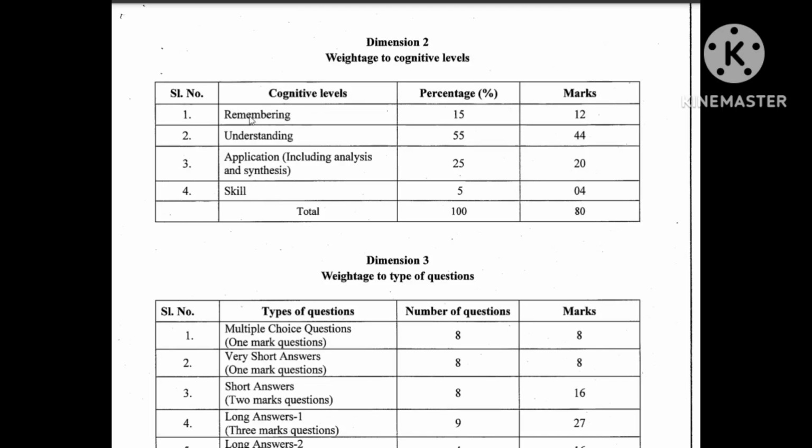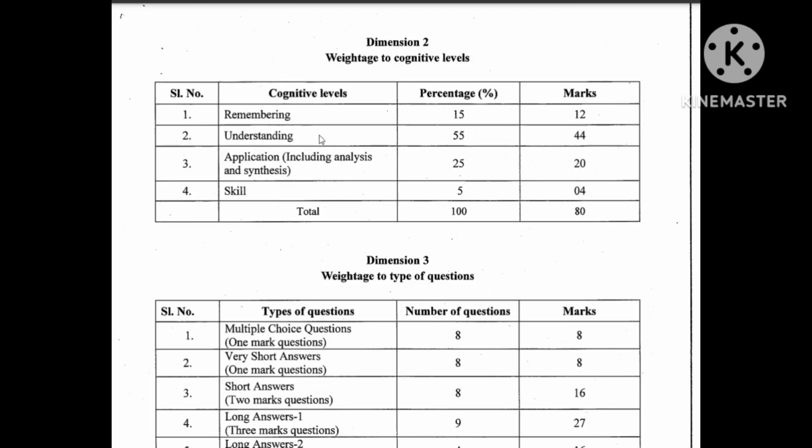Direct questions, my dear friends, like what is the formula to find the volume of the cube, the formula to find the total surface area of the sphere, the formula to find the n terms, the sum of n terms, the area of the sector and length of the segment, all such formulas which appear directly from the textbook are considered in the remembering cognitive level. So that carries 12 marks. These 12 marks are very important because they are direct questions.